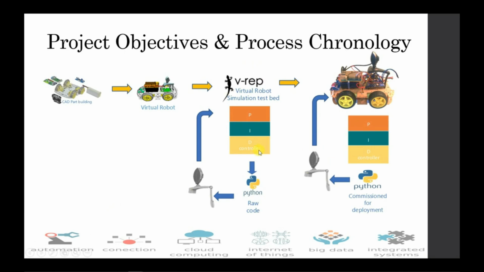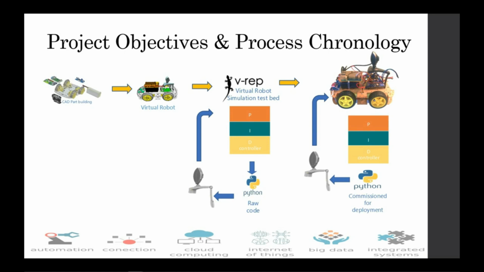Then in the simulation software, I executed my developed algorithm in the Python programming language, where the virtual robot has its own camera. The virtual robot with all the CAD parts has its own camera in the virtual arena, and with the developed Python algorithm, it is possible to simulate the robot in a virtual environment.